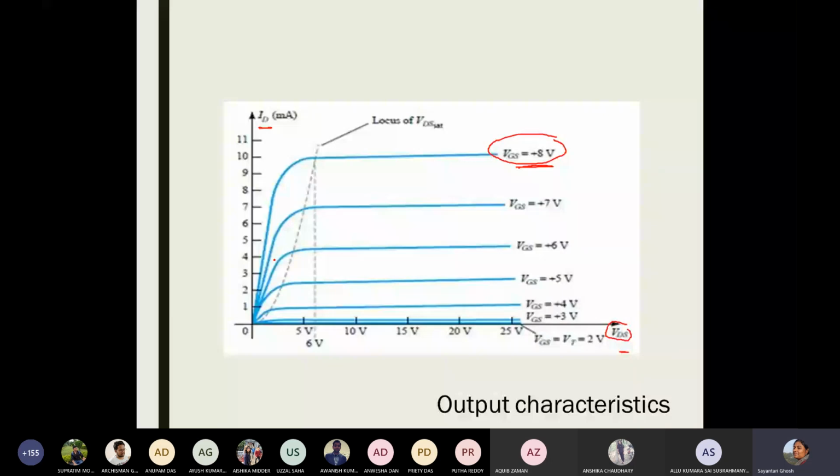That is fine. Then I started increasing VDS and the channel started shrinking a little bit near the drain terminal, but the current was increasing. So the current was increasing linearly. This is the linear portion, right?